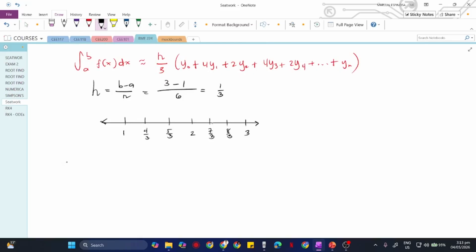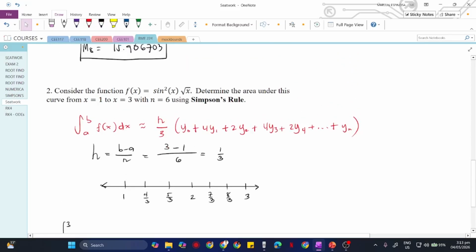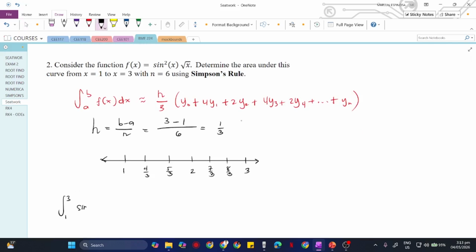Okay. So, basically, from 1 to 3 of our given function, sine squared x, square root of x, that is equivalent sa 1 over 3 of 3. So, that is 1 over 9 directly, no?